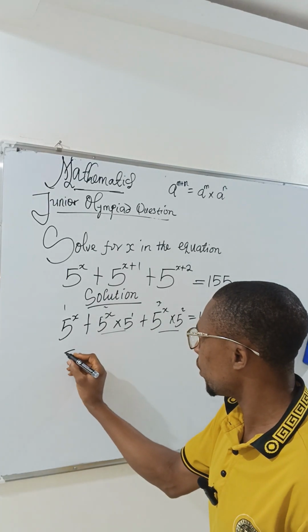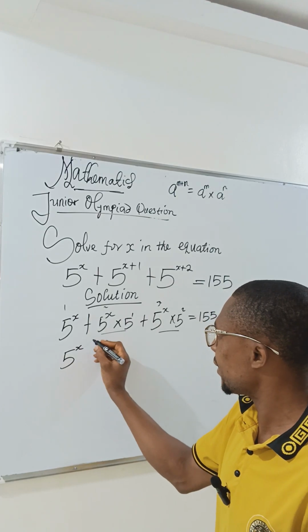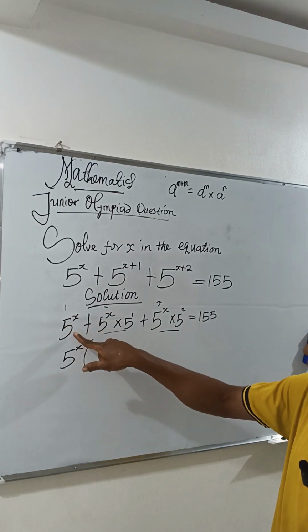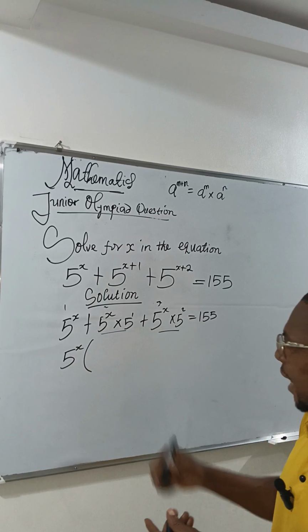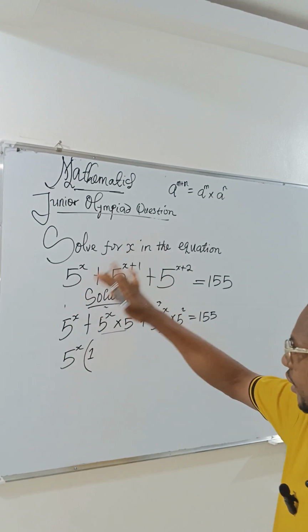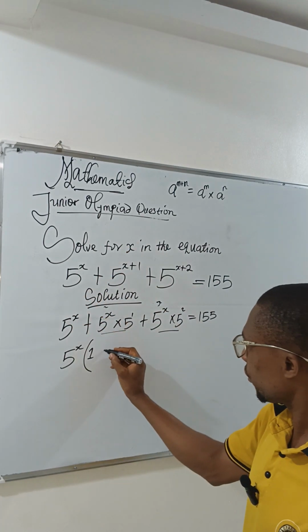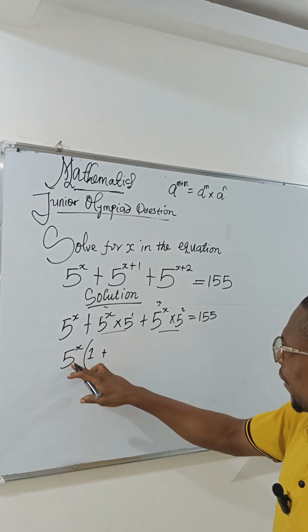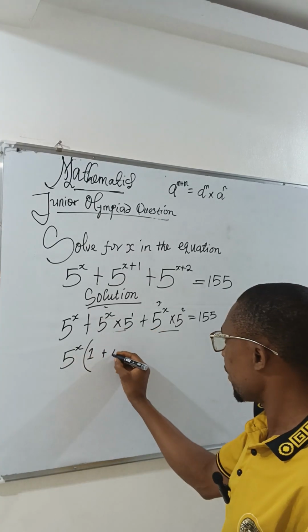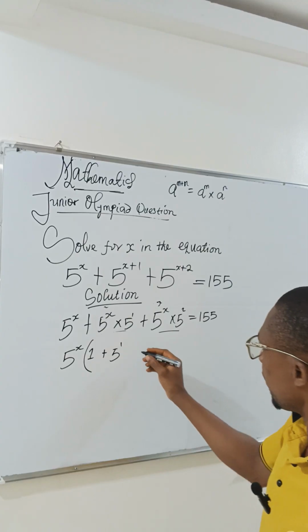So I put 5 to the power of x outside. 5 to the power of x times 1 will give me this one, so this one is settled. Plus, 5 to the power of x times this gives me 5 to the power of 1.